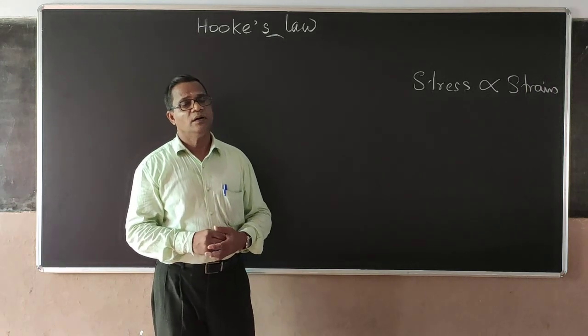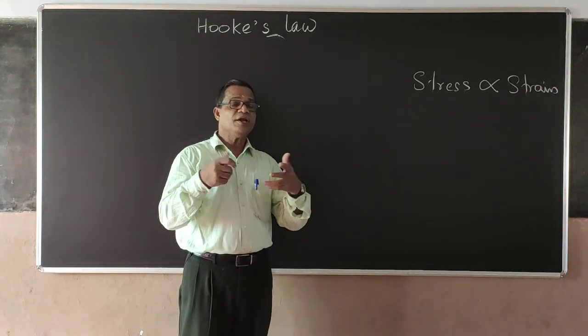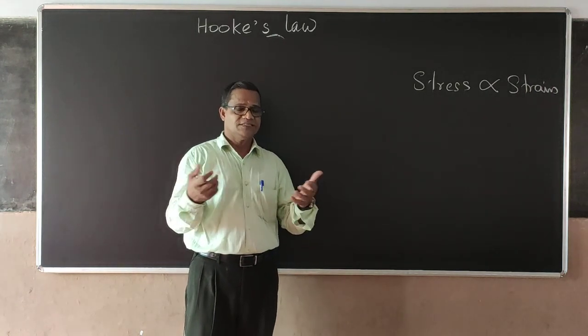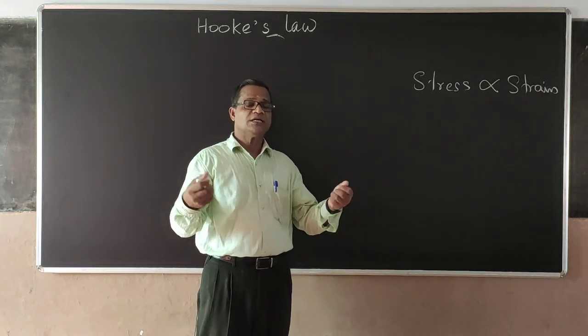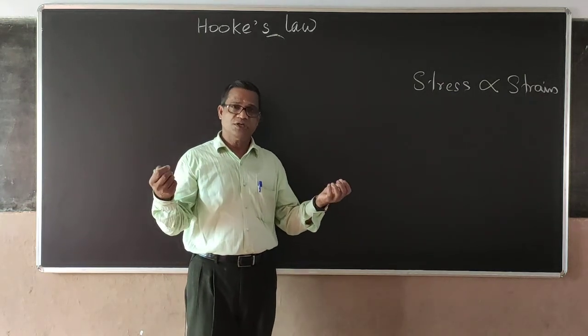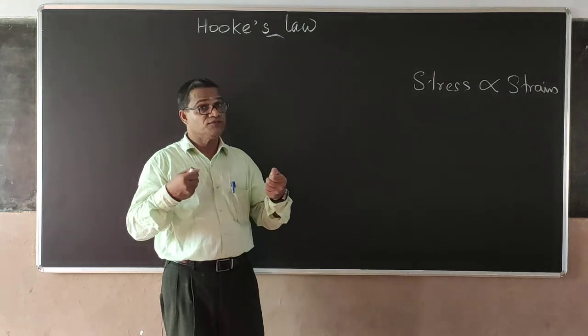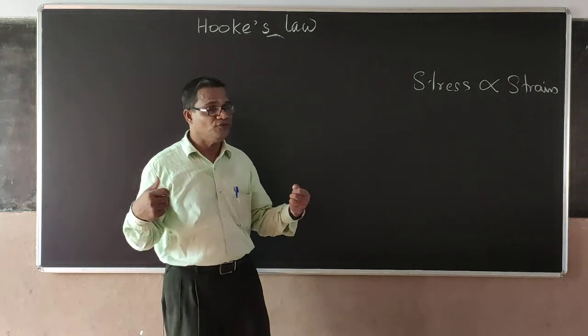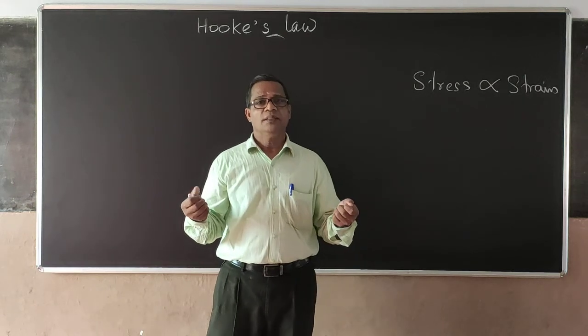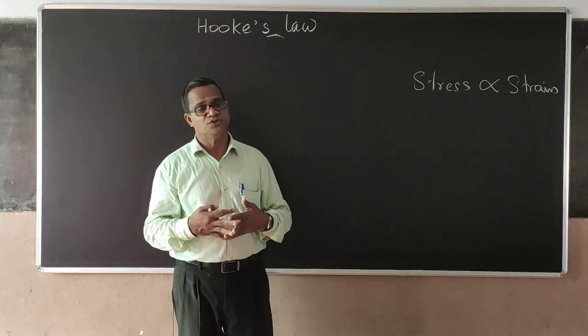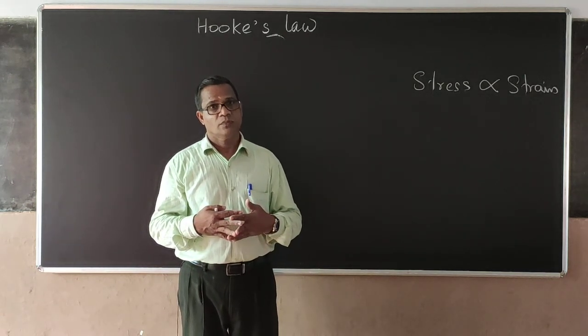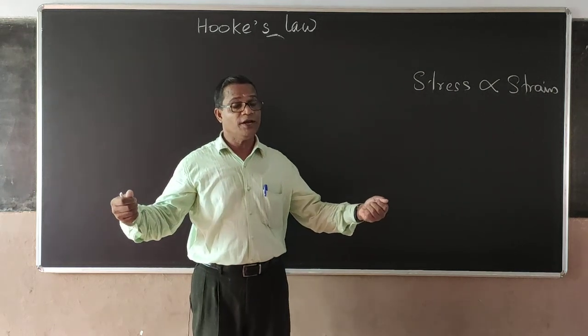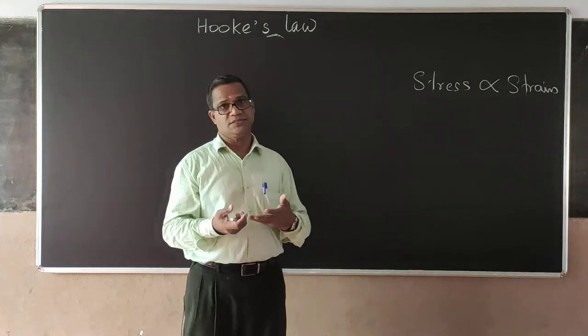But remember, if you go on straining a body, for example, you stretch an elastic body, initially it is going back, but if you stretch it further and further, it comes to a limit beyond which the body cannot regain its position. Either it stays there in the elongated position or it breaks.